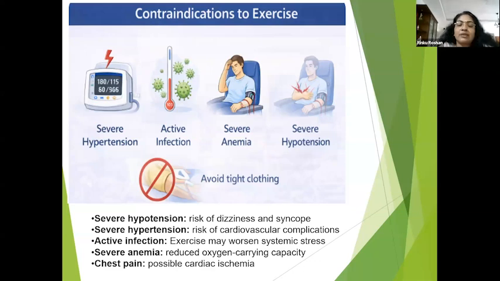Exercise may worsen the situation. Then, as you people know, the patient will most of the time be slightly anemic. If you come to know that the patient is severely anemic, I'm mentioning the word severe, then don't give the exercise.